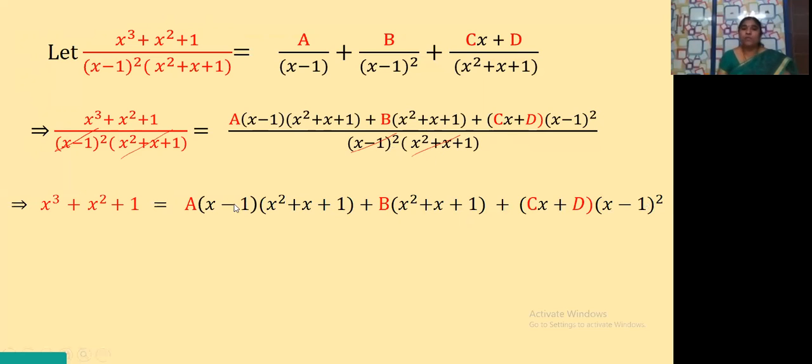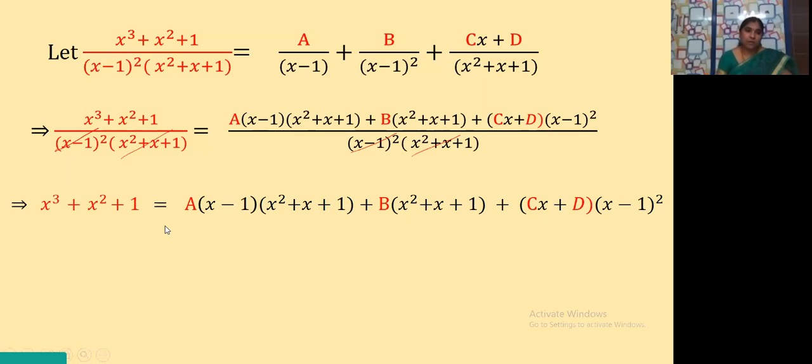Again the same thing we did, children, the same thing we are going to do now, grouping them together. Now if you observe here, x into x square is x cube, and here the x square term is there, and if you expand this using (a minus b) whole square, we get an x square term, and this x term will give you x cube. So that means in two places we have x cube terms.